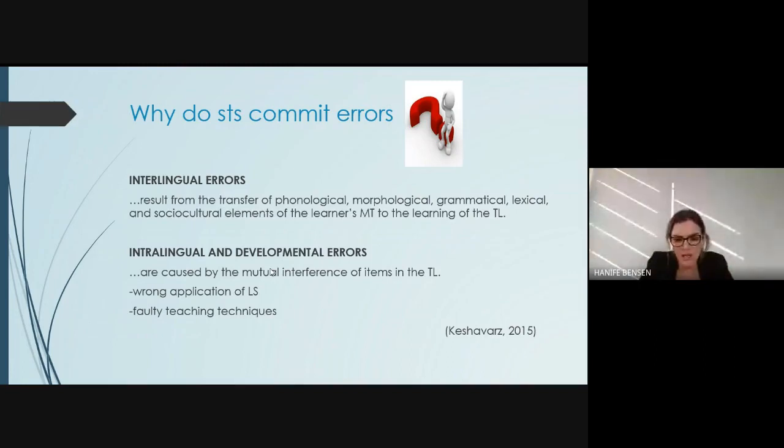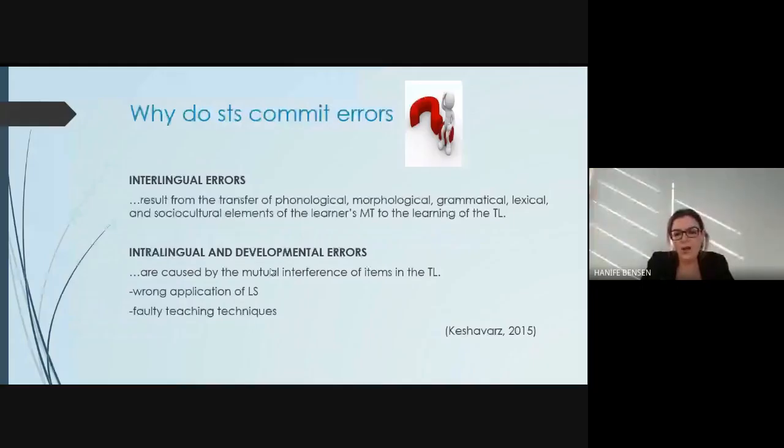Now, usually with second language or foreign language, errors are attributed to mother tongue interference. So our first language interferes with our second language, and this is why we make these errors.